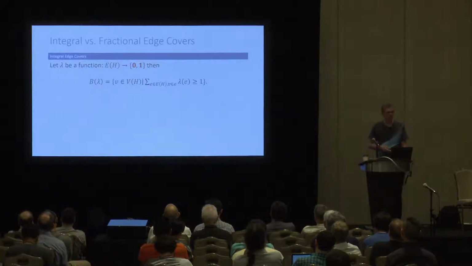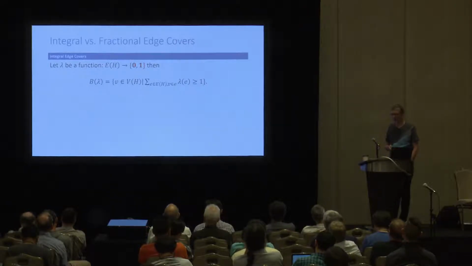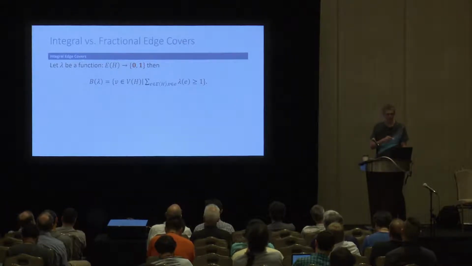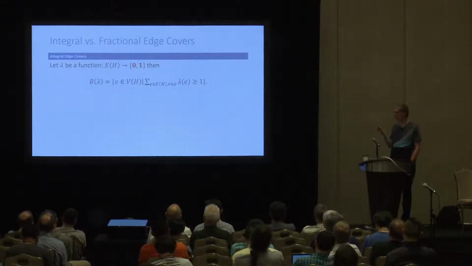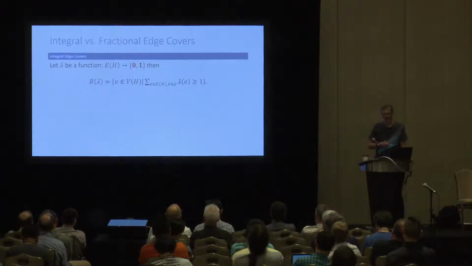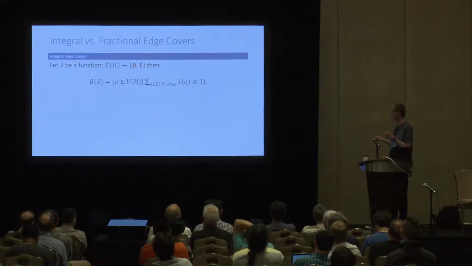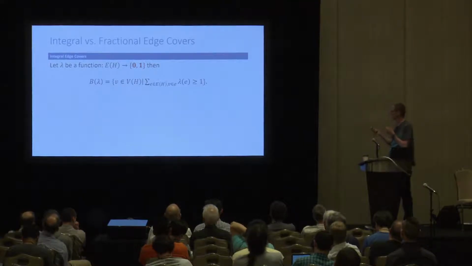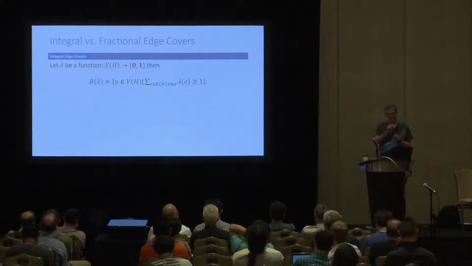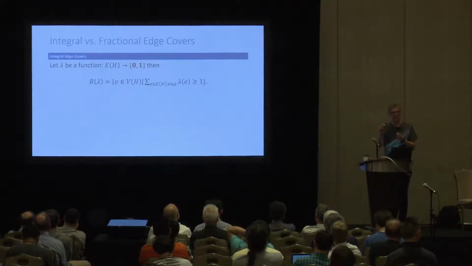So far, we have introduced edge covers as subsets of the edges. Equivalently, we could have introduced edge covers as weight functions, which put weight 0 or 1 on each of the edges. And the vertices covered by such a weight function, denoted by B of lambda, are exactly those vertices which are contained in one of the edges of weight 1.